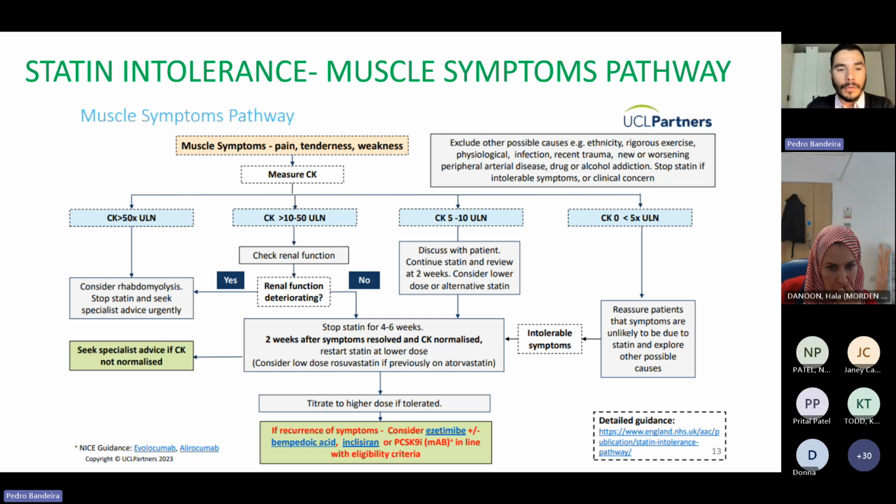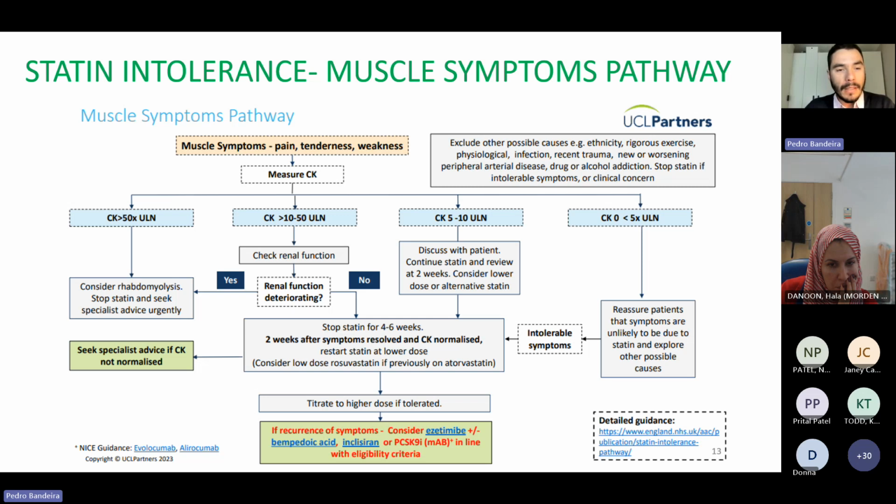There are other conditions that can cause muscle symptoms, and it's always very important to rule out or to ask patients about other factors that may influence this type of symptoms.